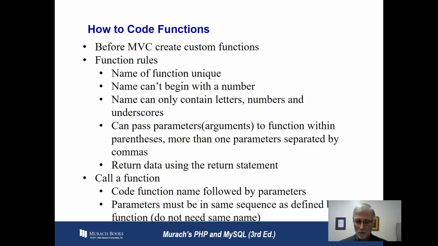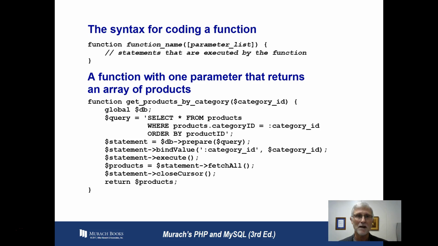They don't need to be the same name, but they have to be in the same sequence. Because remember, when we do this, we put this information in an array, and it can be accessed one of two ways. So just keep that in mind.